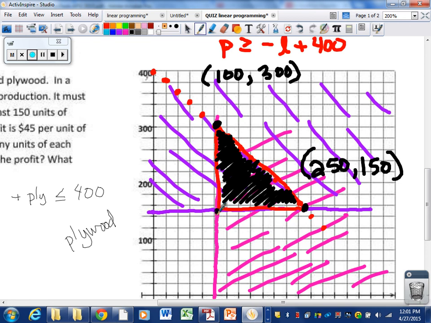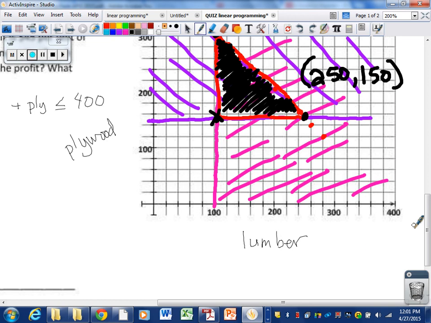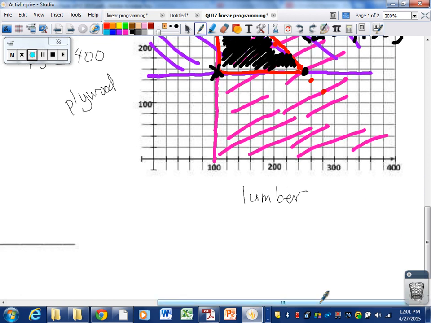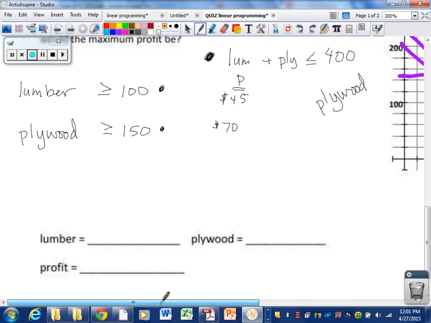Or this one here, 100, 150, that's not even maximizing your 400, so we really don't have to worry about that one. That's not an intersection point. So 100, 300 or 250, 150. So let's come back to our profit function and see which one gives us the most amount of money.